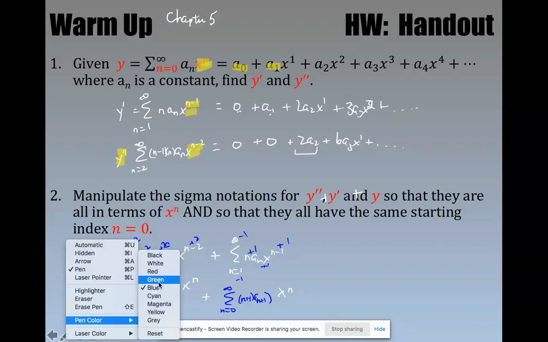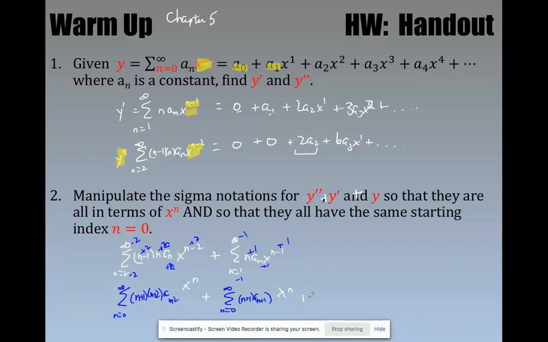And then if I wanted to add y, one of the properties of summations is that as long as you have the same power on x, I can factor that out front.